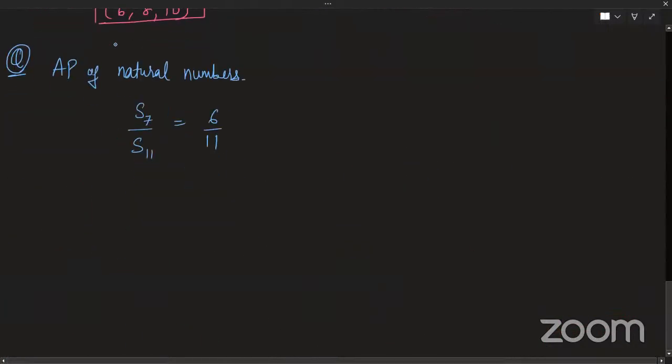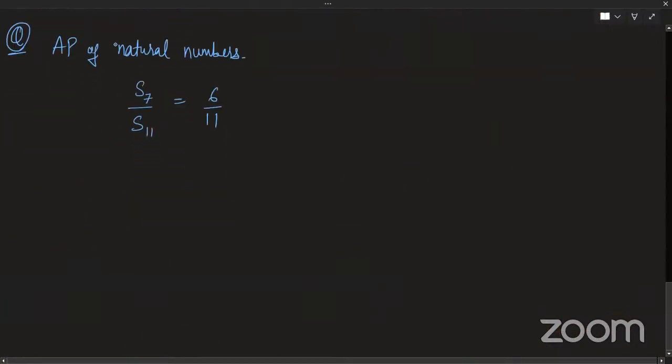See, I have an AP of natural numbers, like all the terms are natural numbers basically. I am telling you that the ratio of the sum of the first 7 terms to the sum of the first 11 terms is 6 by 11.